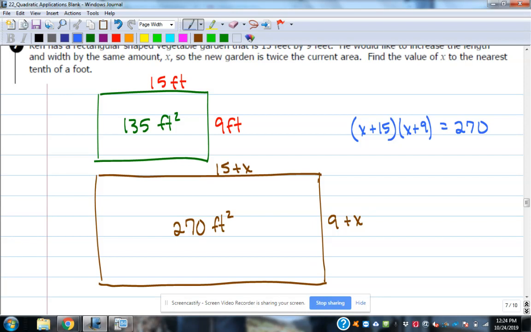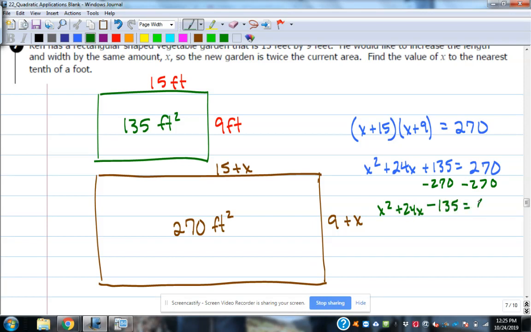So x squared plus 24x plus 135 equals 270. And then subtract the 270. x squared plus 24x minus 135 now equal to 0.